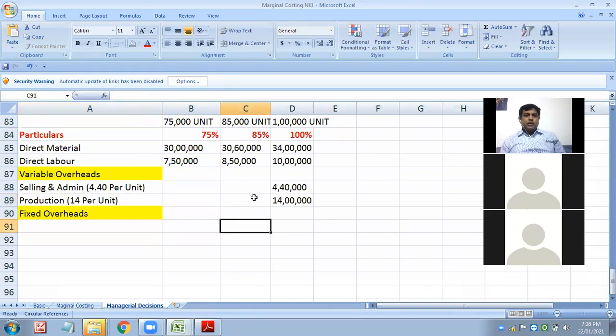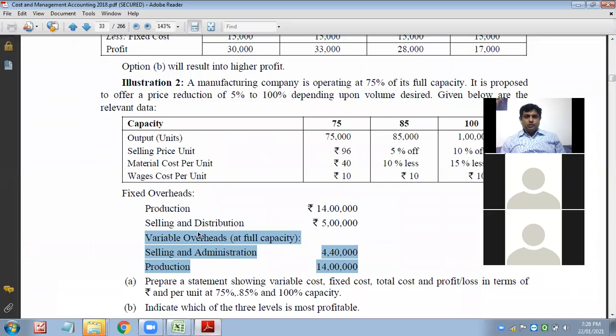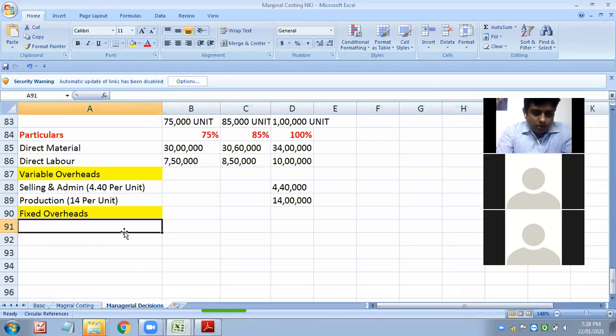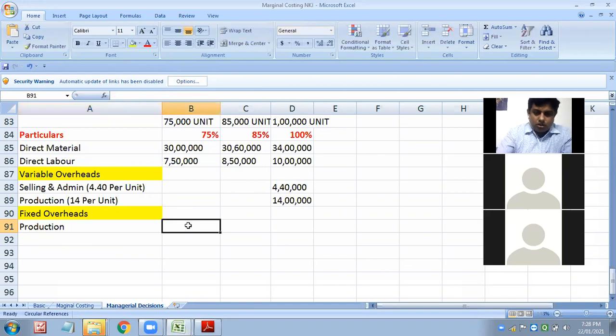Get me your answers, please. Quickly. Again, in production, it is 14 lakh. So this 14 will remain constant for all.